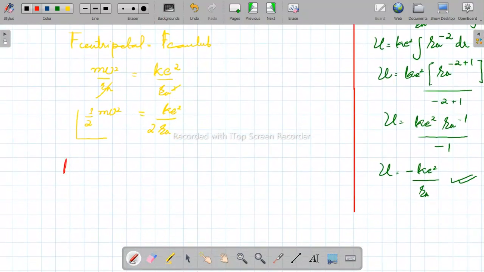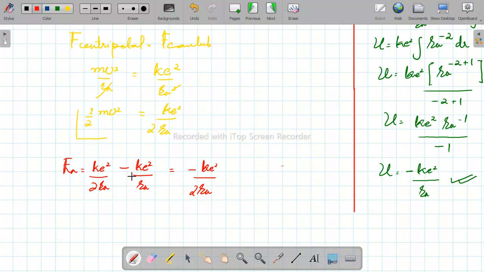Okay, so we get En equals k e square over 2rn in replacement of half mv square, with this minus k e square over rn as it is, right? Now we can simplify this equation. It becomes negative k e square over rn, with this 2 in the denominator, just consider it as half minus 1, right?